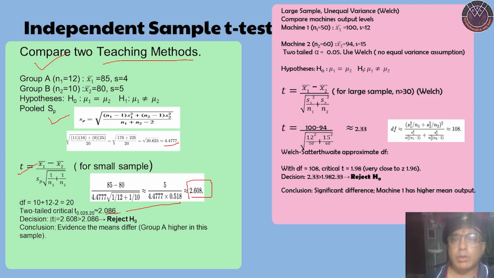Now once you are going for the large sample where unequal variance is there, you have to use the Welch formula. Suppose two companies, two machines are there, machine 1 and machine 2. Machine 1 means brand 1, 50 machines are there, and for brand 2, 60 machines are there.